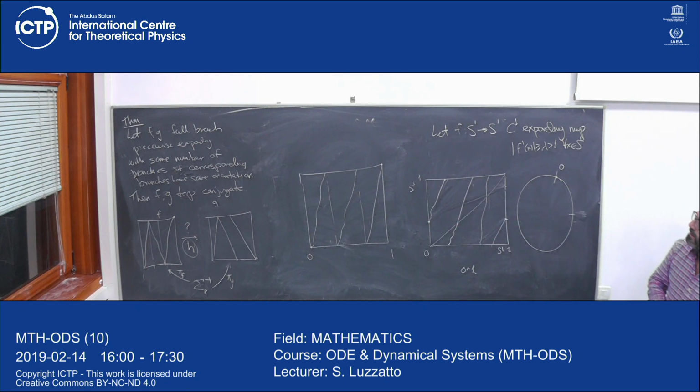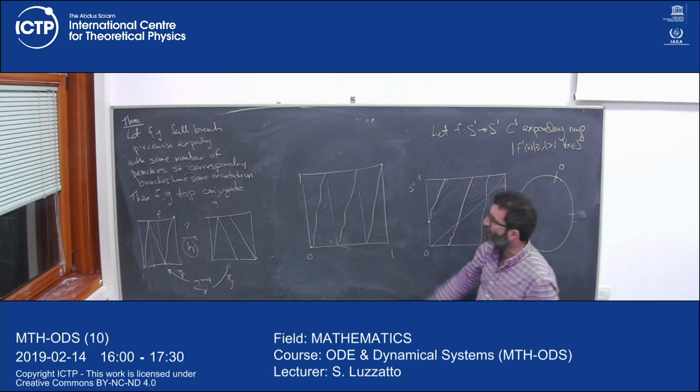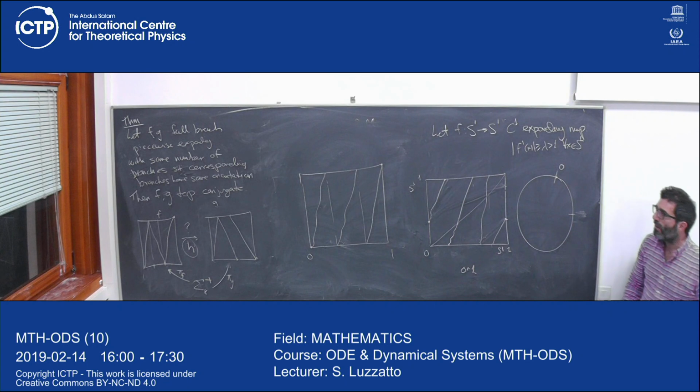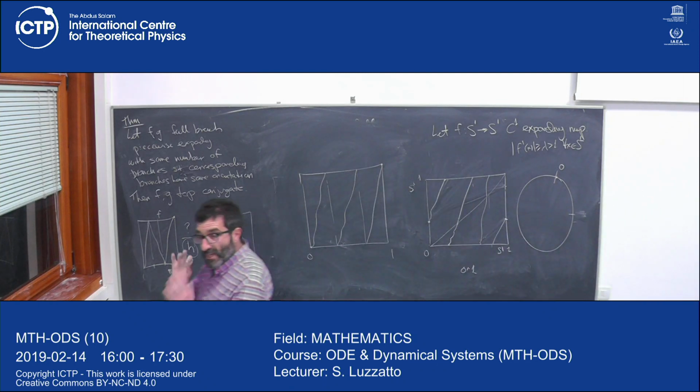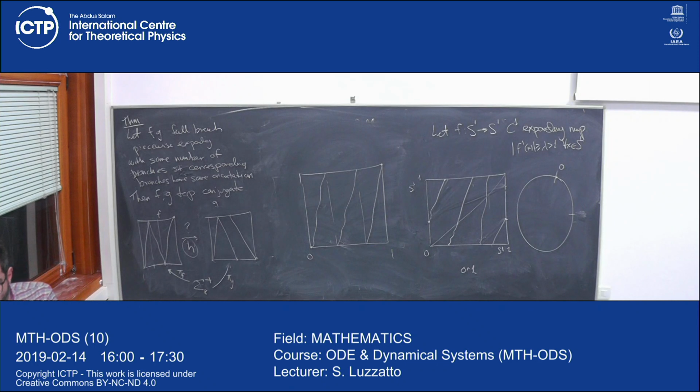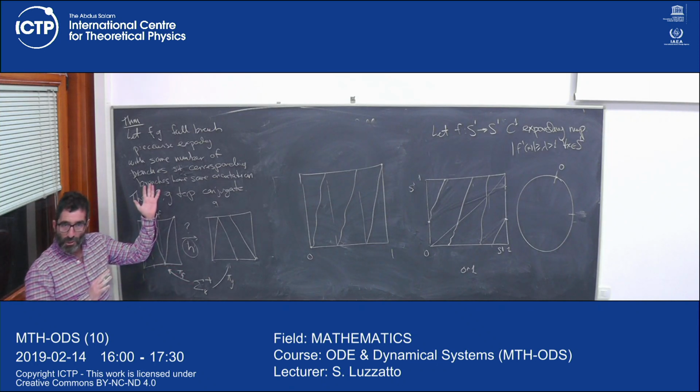If you take any C1 expanding map, it's a covering map of the circle, so it has a certain degree, at least 2, because it cannot be 1. It needs to go at least twice. So what is the consequence? If you take two C1 expanding maps of the same degree, then they will be topologically conjugate.